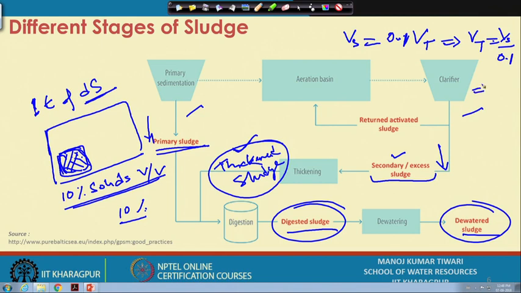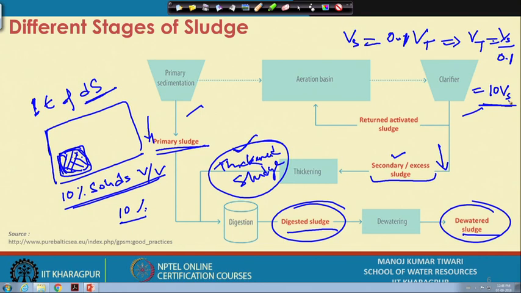That will eventually become 10 times the volume of solids being generated. Ideally, you are generating a volume of solids which you want to manage or process, but there is a large amount of water involved, and that makes its volume 10 times higher.